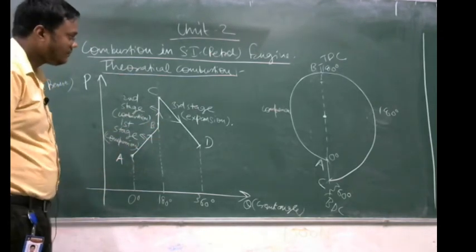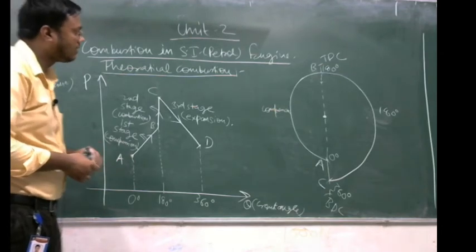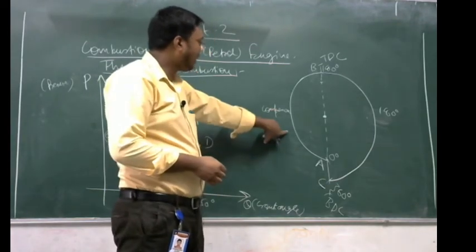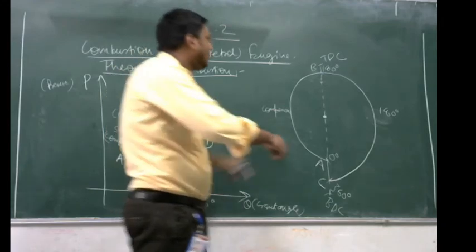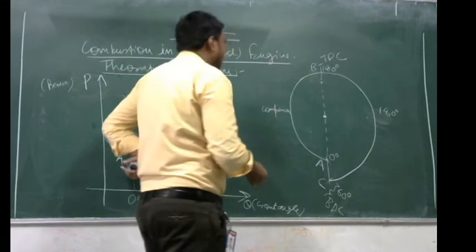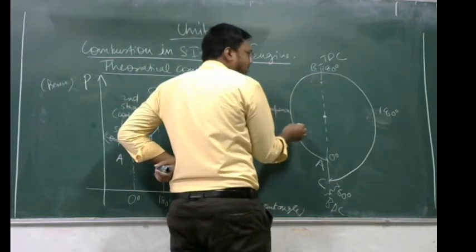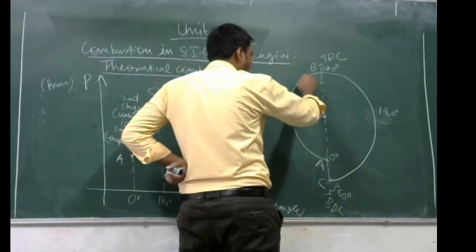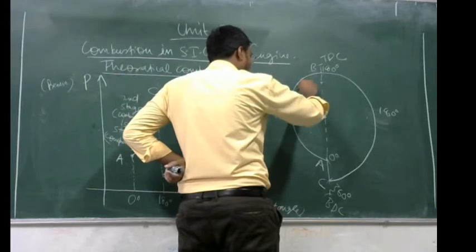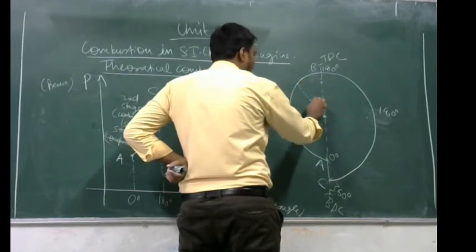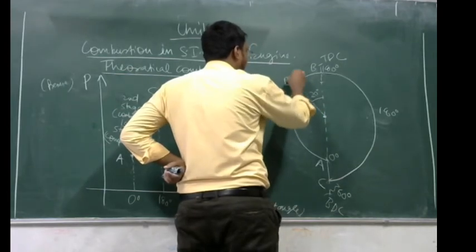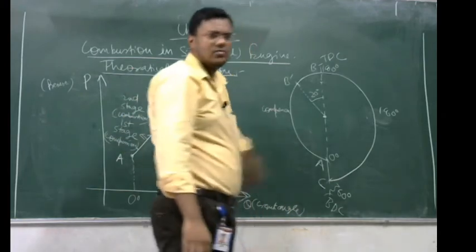Now, we have studied in the actual valve timing diagram that sparking starts before point B. Sparking starts before compression completes, about 20 degrees before, somewhere at point B dash. This is what we have studied in the actual diagram.